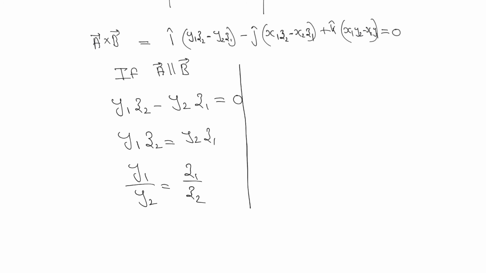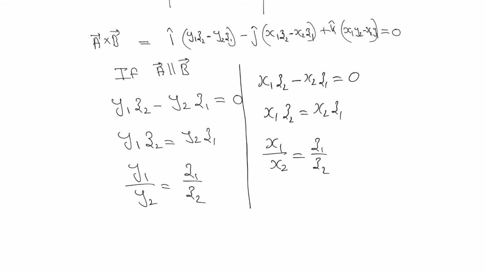Same as that, its y component should also be equal to 0. Over here the y component is x1 z2 minus x2 z1, that should be equal to 0. That means x1 z2 should be equal to x2 z1, or you can write x1 divided by x2 should be equal to z1 divided by z2.